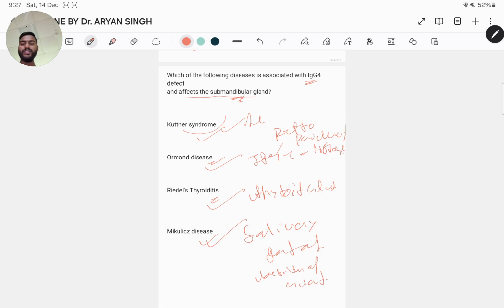So if they ask this MCQ: Kuttner syndrome affects the submandibular gland, and Ormond disease causes retroperitoneal fibrosis.